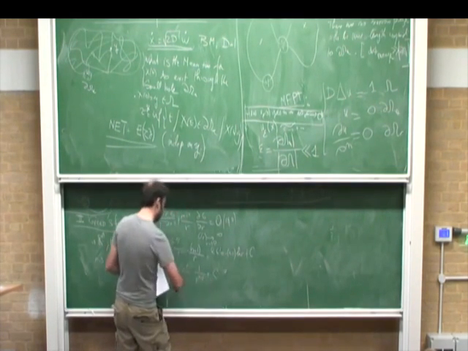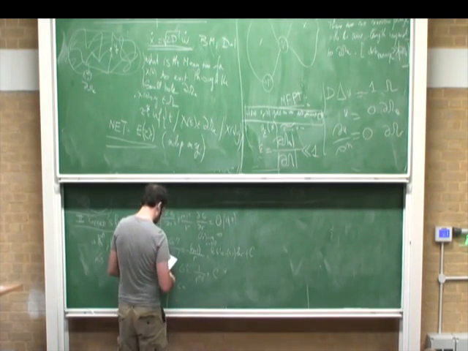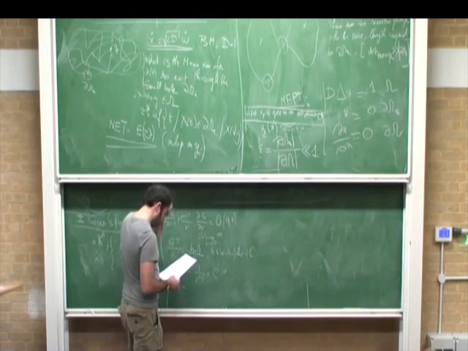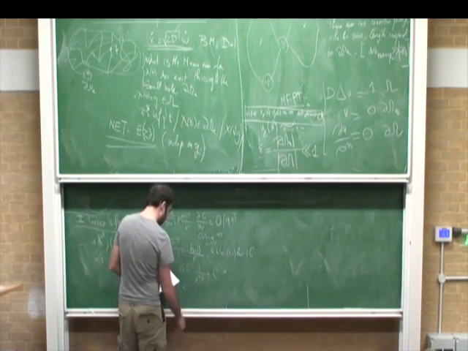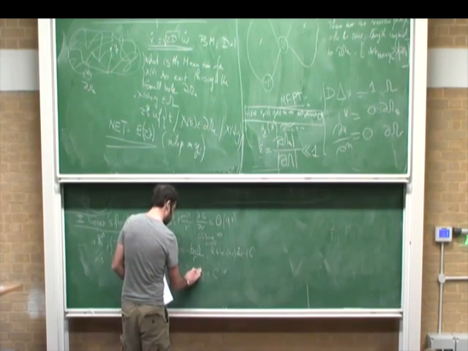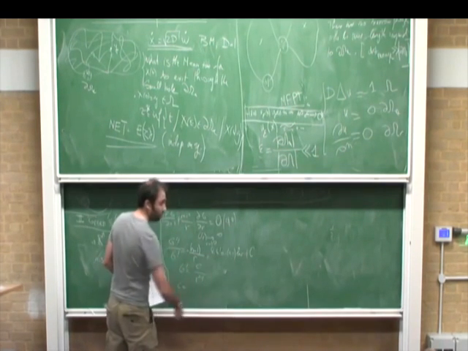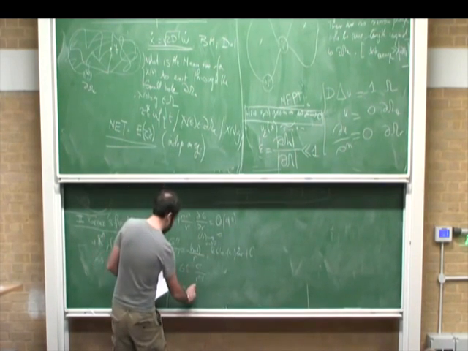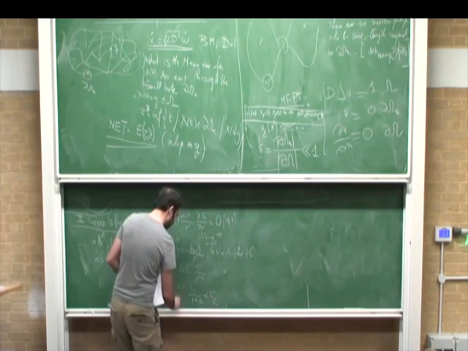And if you integrate one more time, you get a constant C1 divided by r^(n minus 2) plus a constant C2, correct?